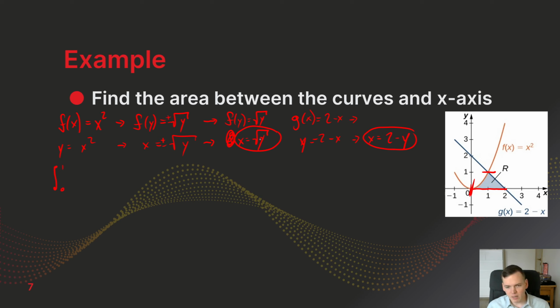You can double check that by plugging things in. If I set these equal to each other, square root of y is equal to 2 minus y. You end up finding that the intersection is 1.